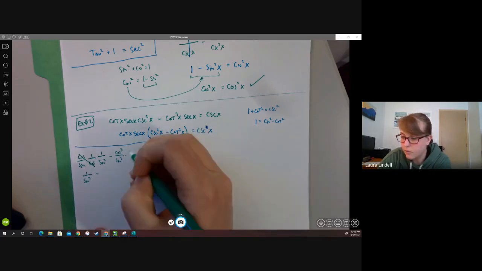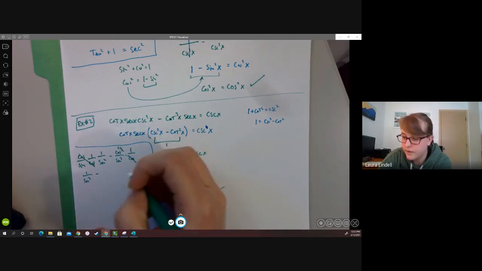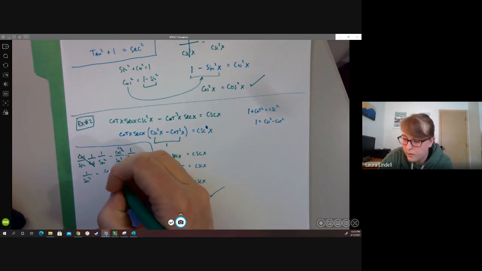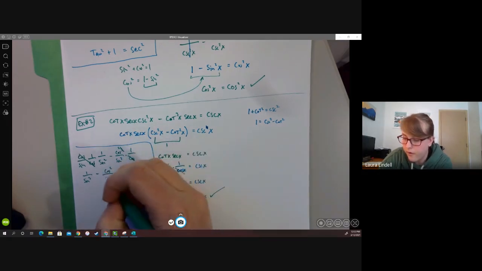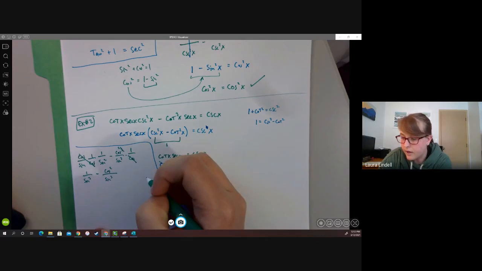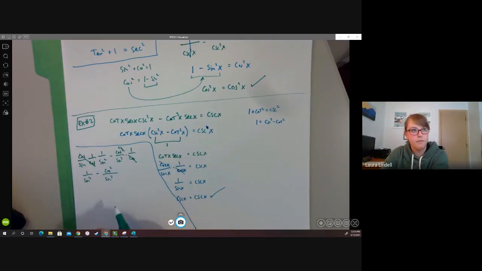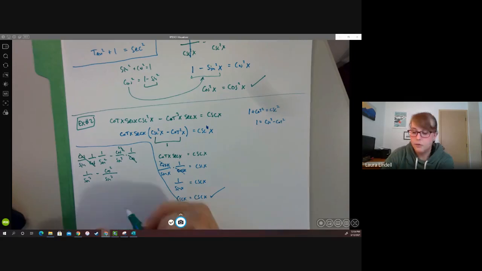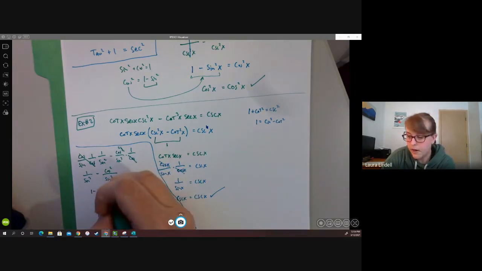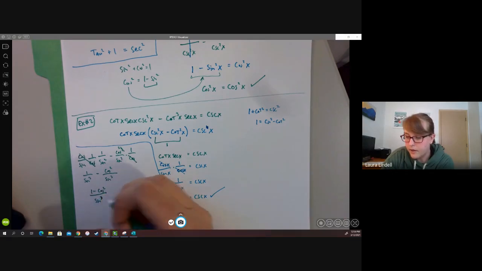Secant is 1 over cosine, so that would become a squared, and you would get cosine squared over sine cubed. And then these are common denominators already. So you would get 1 minus cosine squared over sine cubed.